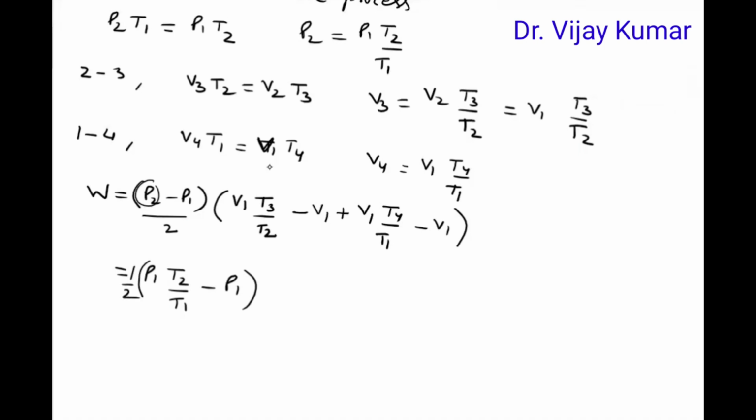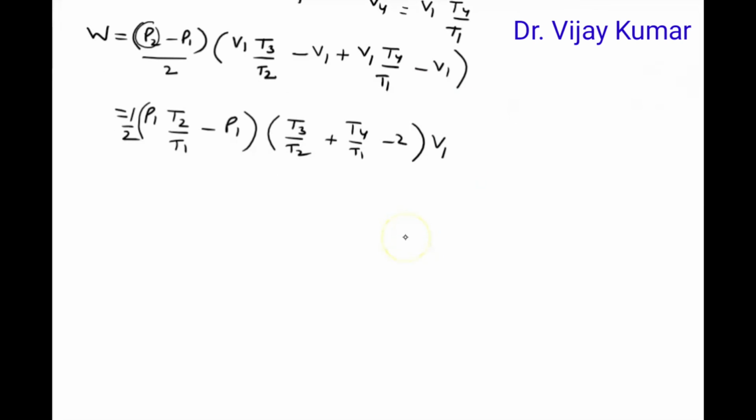We can take V1 outside, then it becomes T3 upon T2 plus T4 upon T1 minus 2, and now we can take P1 out of the first bracket, and this bracket becomes T2 upon T1 minus 1.